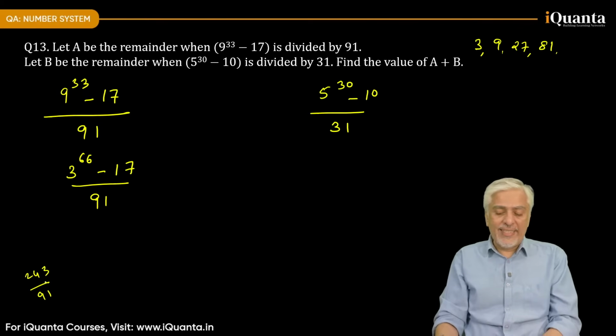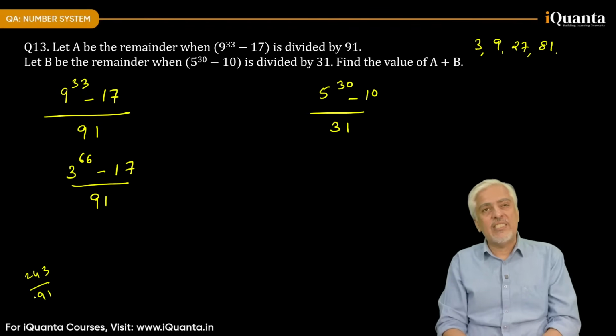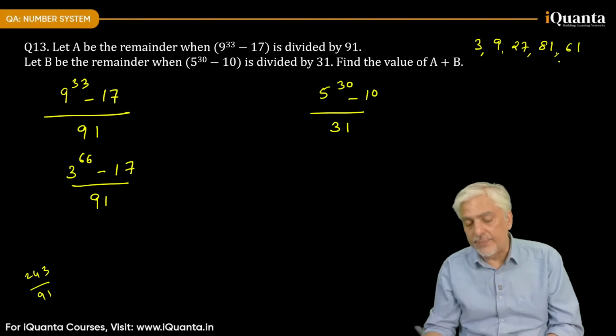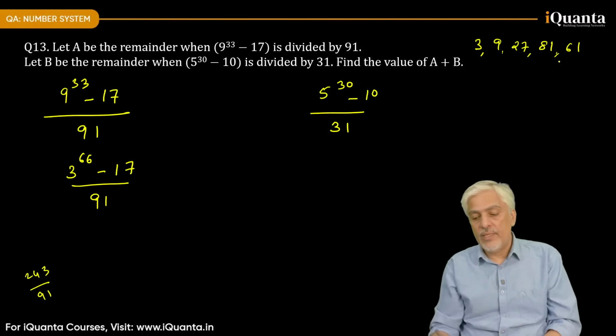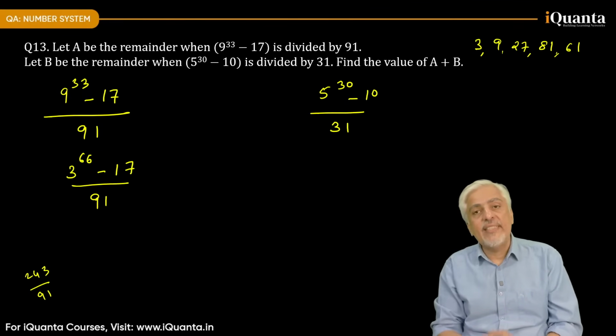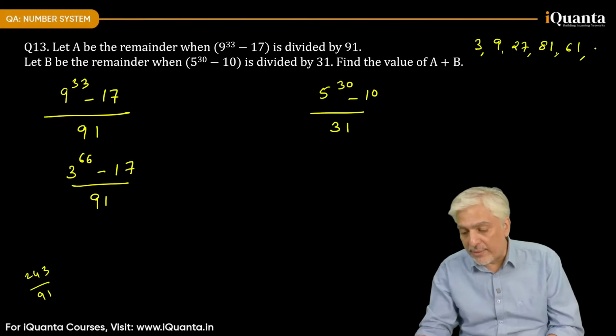It will go 182 यानी 61 I think remainder है. इसके बाद का remainder 61 है. 61 3s are 183. 183 divided by 91 remainder is 1.